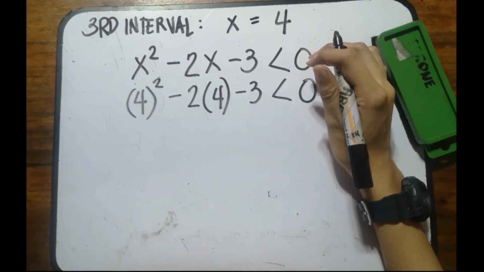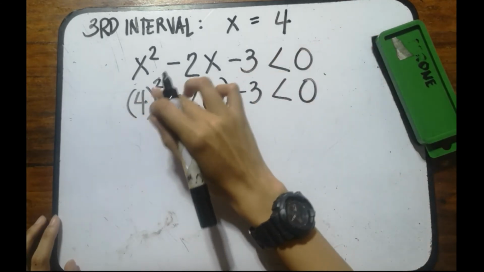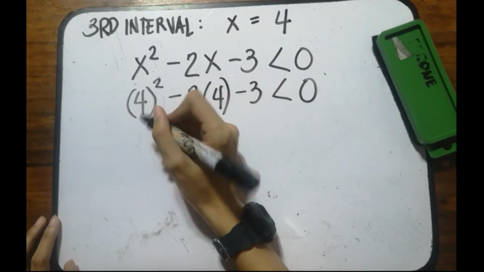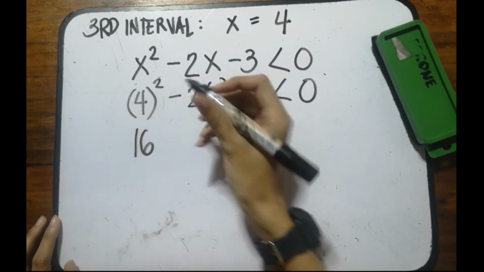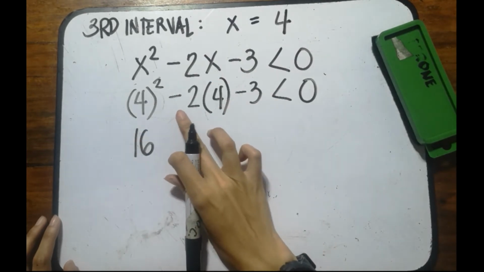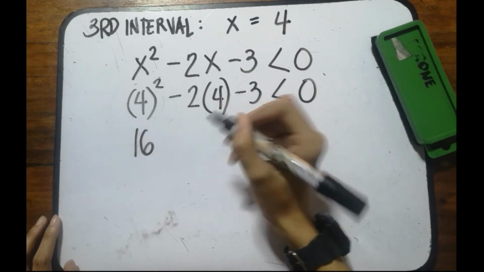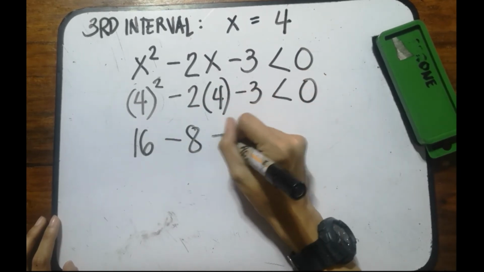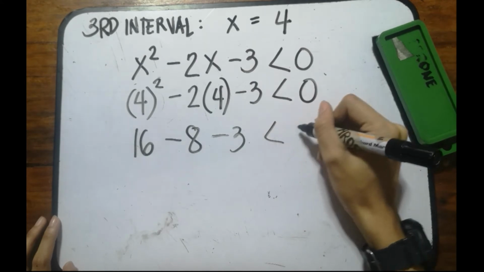Perform the indicated operation. 4 squared means 4 times 4. This will now become 16. Then -2 times 4 gives us -8, minus 3 less than 0.